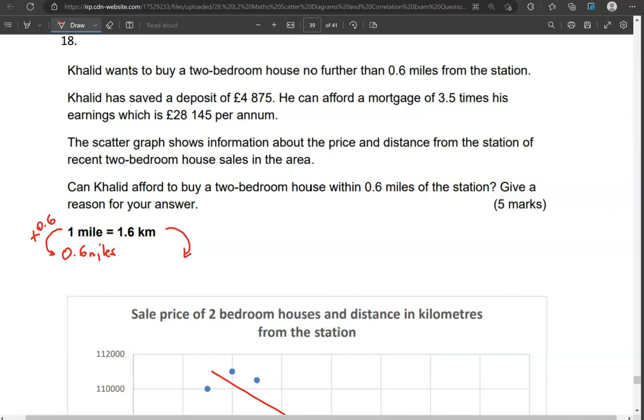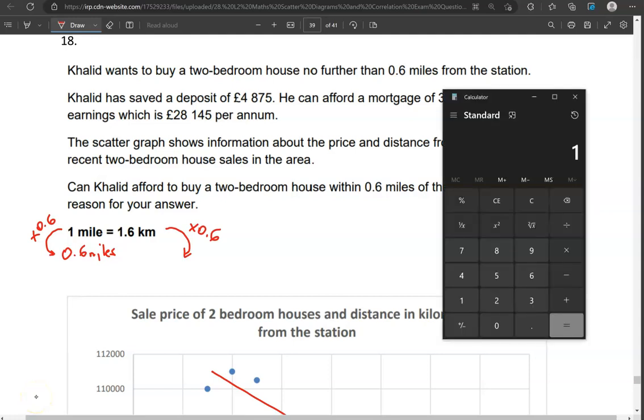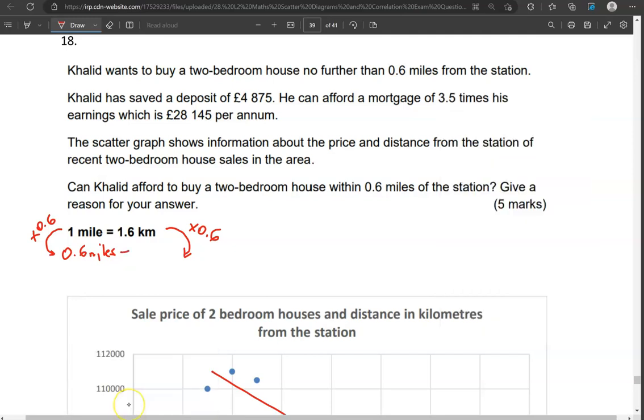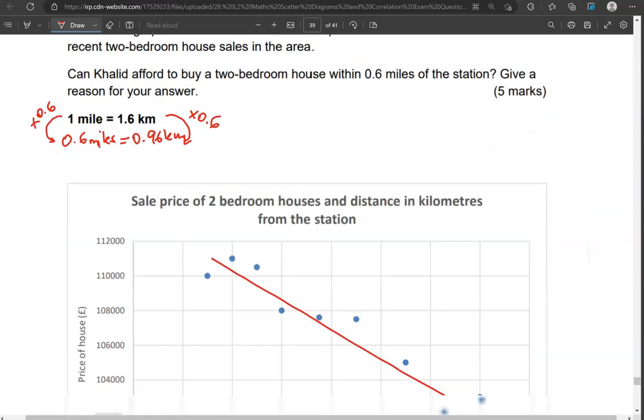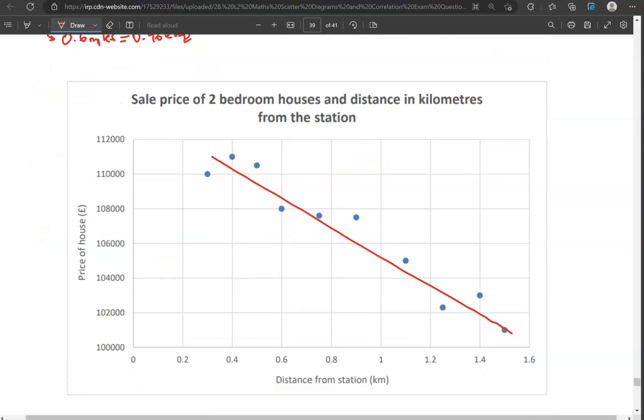So we'll do the same here. 1.6 times 0.6 gives us 0.96 kilometers. So 0.8, this will be 0.9, 0.95, so about here, 0.96.